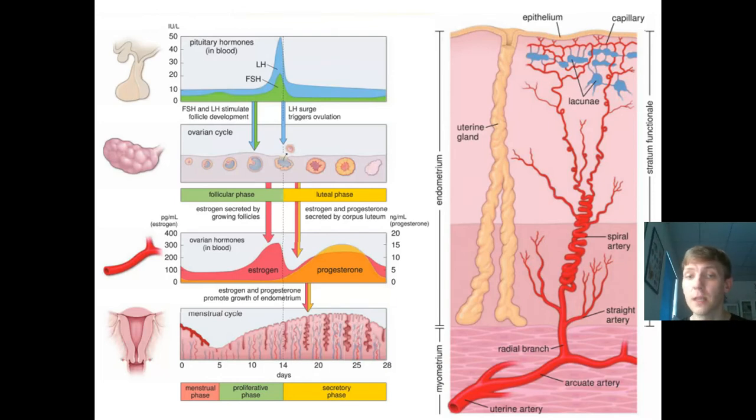For 5-6 days the embryo travels through the fallopian tube, and at the same time, while it travels, the uterus is trying to prepare to meet this embryo. So here a lot of nourishing glands are produced, a lot of blood vessels inside.